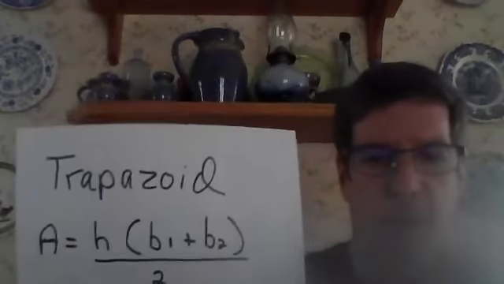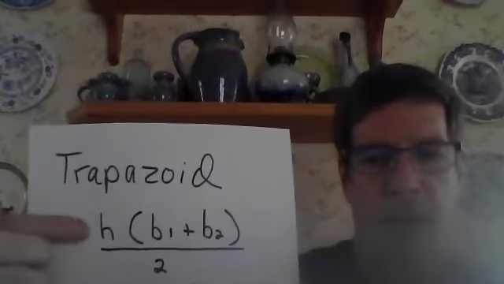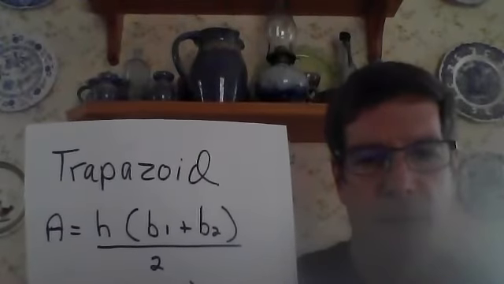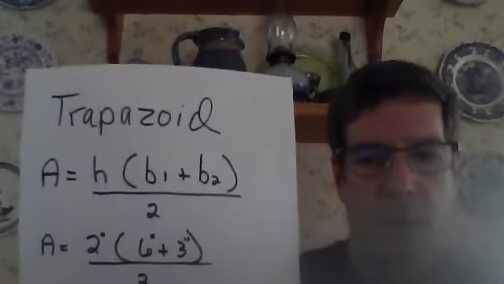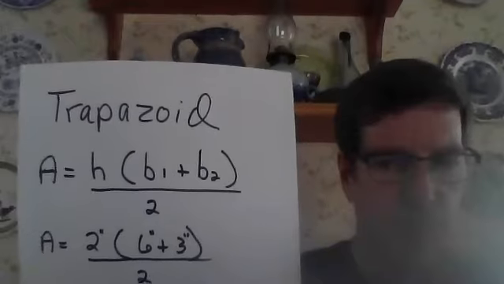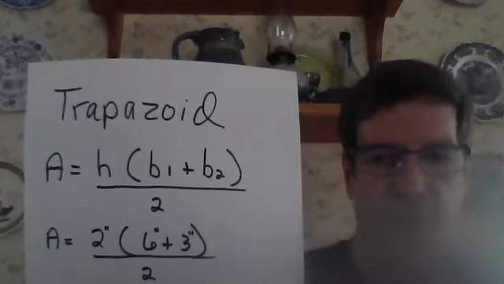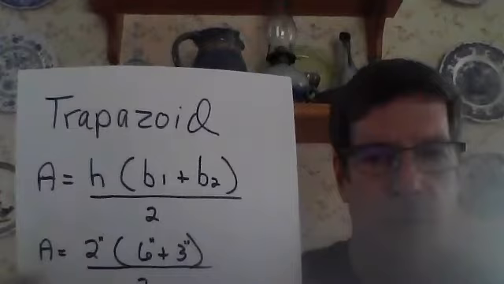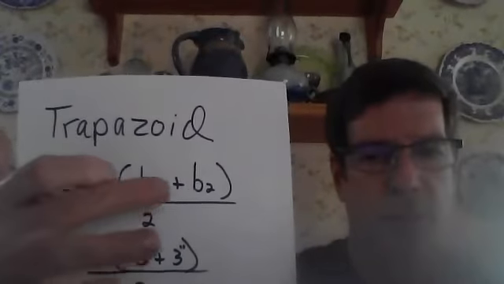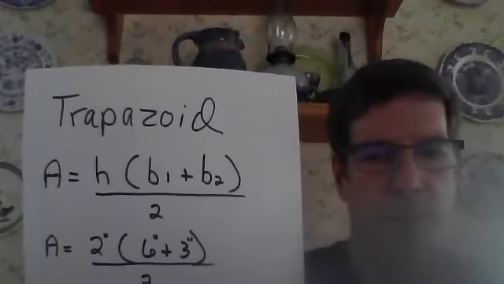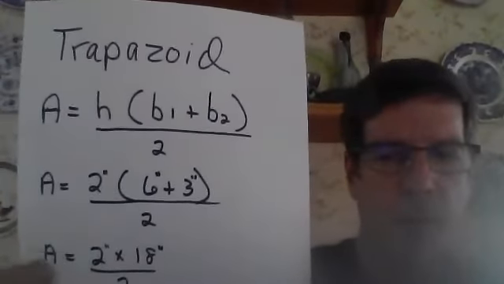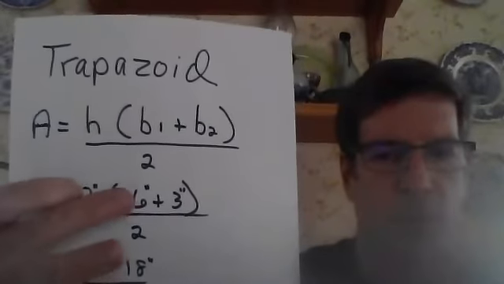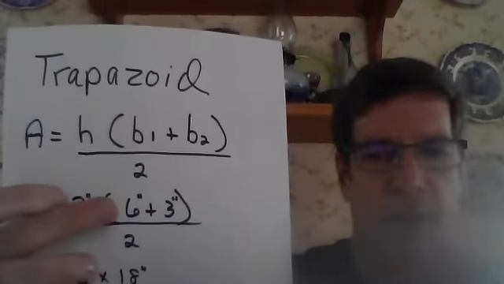Here's the formula. Again, area equals H times B1 plus B2 divided by 2. On the bottom, I just started putting the numbers in. The height equals 2 inches, so I put in 2. B1 is 6, B2 is 3. Down here, all I did was add 6 plus 3.